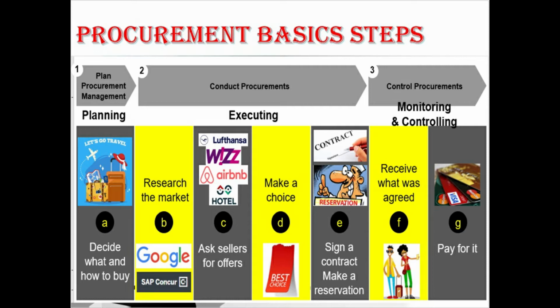In the fifth step, we sign a contract and make a reservation. In the sixth step, we receive what was agreed from them. And last, the seventh, we pay for it. Hope you understood each process definition and the steps involved in procurement management.